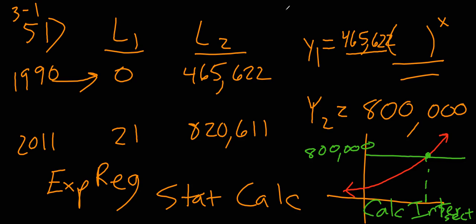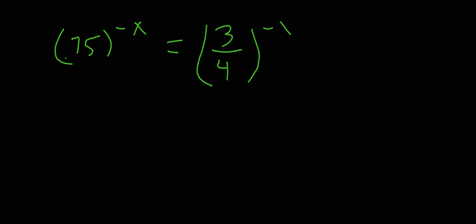Okay, and you got another one? Yes. Now, if I were doing this and I was using a nice number like 0.75, I think I would change it to 3/4. Why would I do that? Because what is 1 over 3/4?